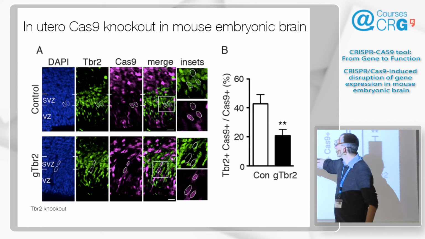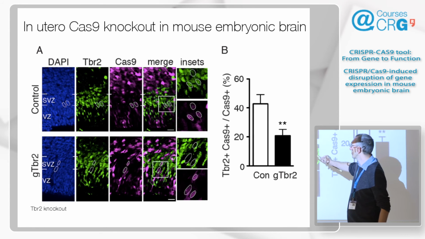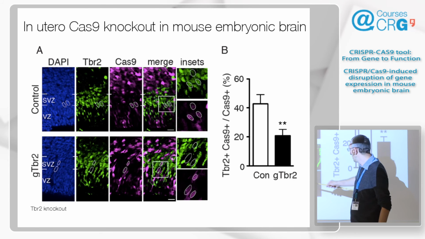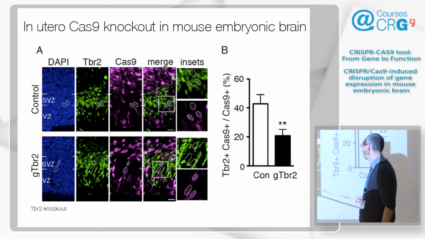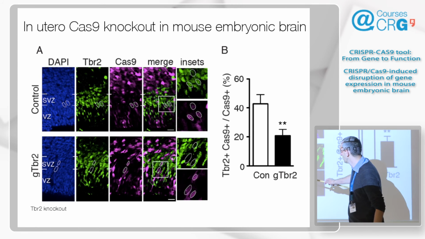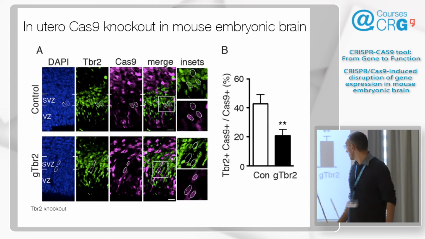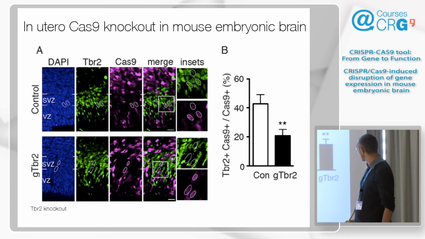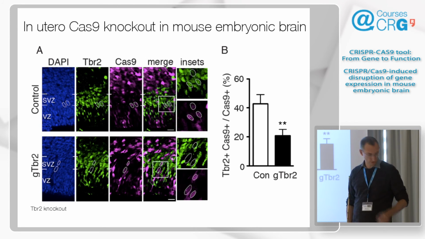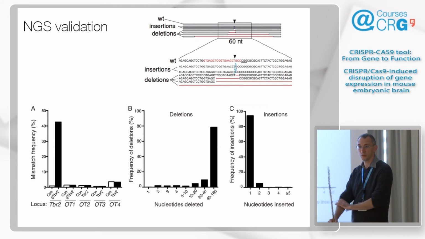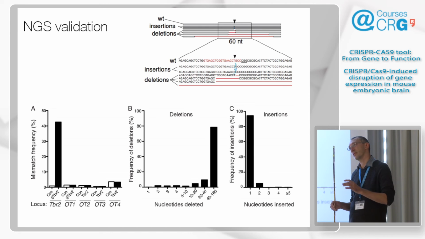As you can see here, the protein is nicely expressed in cells that have Cas9 expression, but here Cas9 is expressed, but there is no TBR2, and the quantification is on the right. So we managed to knock out TBR2 in about 50% of the cells that express Cas9, which is quite nice.